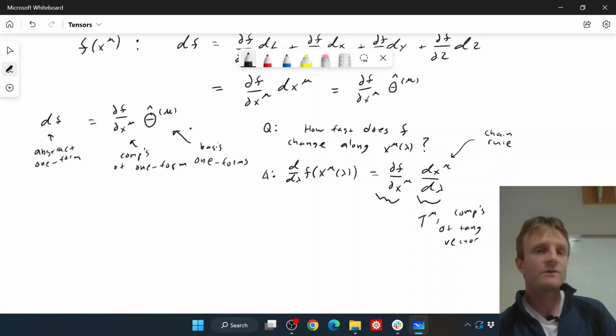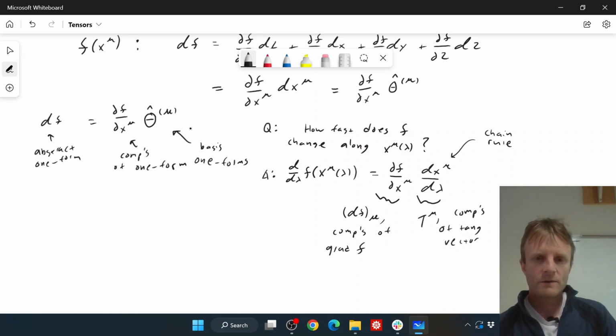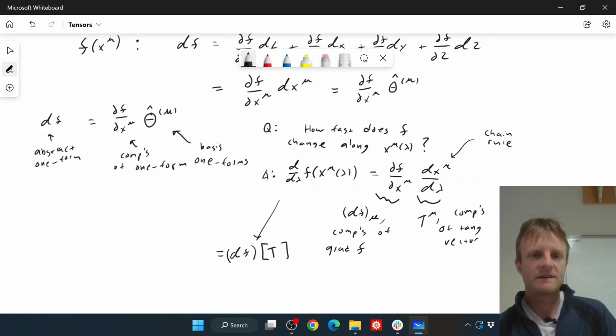These are the components of the one-form df. So the abstract one-form df has downstairs components of one-form. So the answer for this was actually just the one-form abstractly acting on the tangent vector t abstractly.